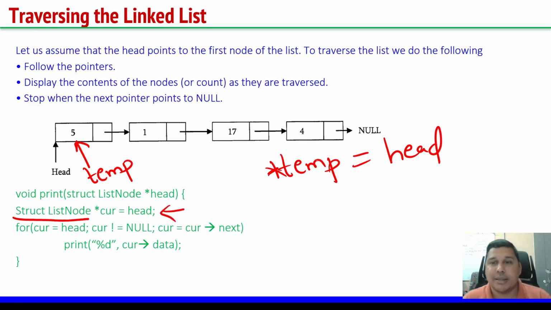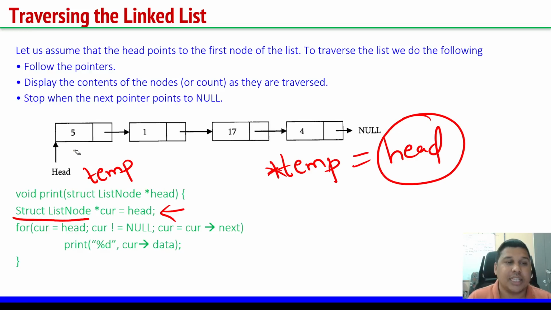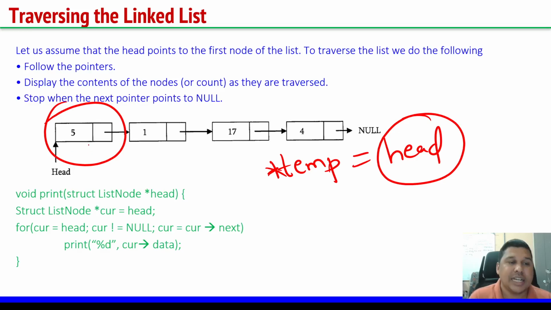What I am doing? Simply I am assigning the address in head. What does head contain? Head contains the starting address. It's a pointer variable. When you give the name of the pointer variable, it gives you the address of this first block. This first block address is given into temp. So it is also pointing to temp now.